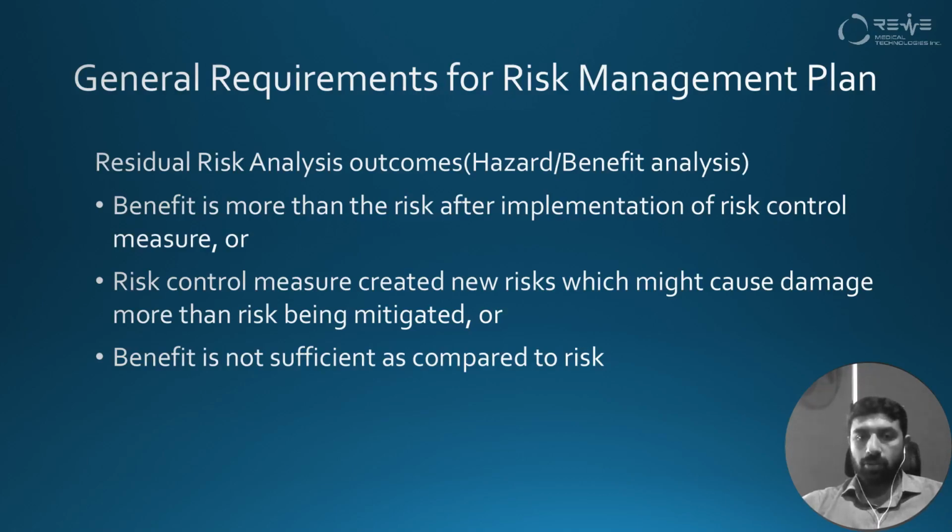If the risk control measure created a new risk which might cause damage to the device or the patient, then we will have to perform the risk control measure for that residual risk. And if the risk control measures are not performing well, then the benefit will not be sufficient as compared to the risk, and we will have to perform the risk control measures process for that risk again.